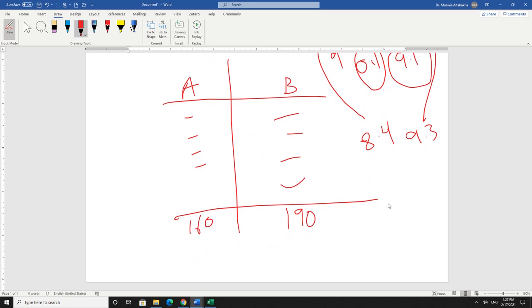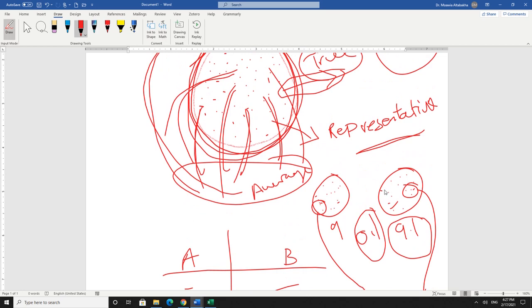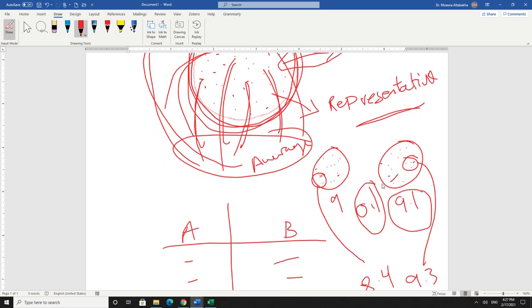So how is sample size determined? There are many factors that influence the sample size that you take. I will just give you an idea for you to understand how it's done.